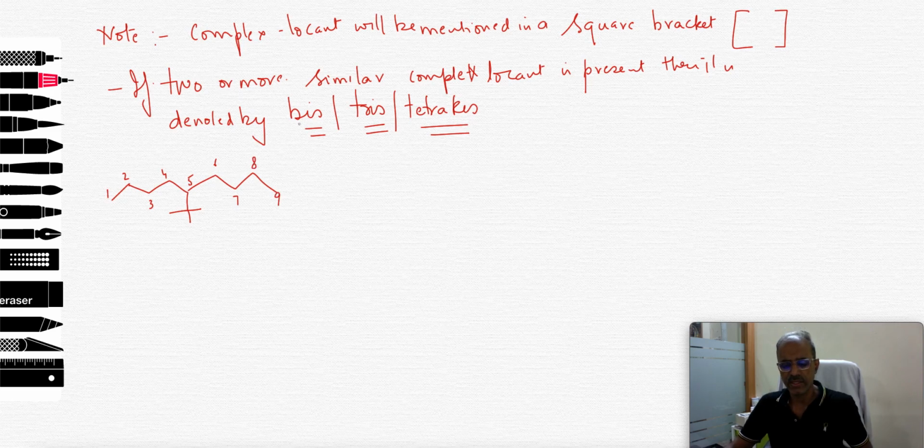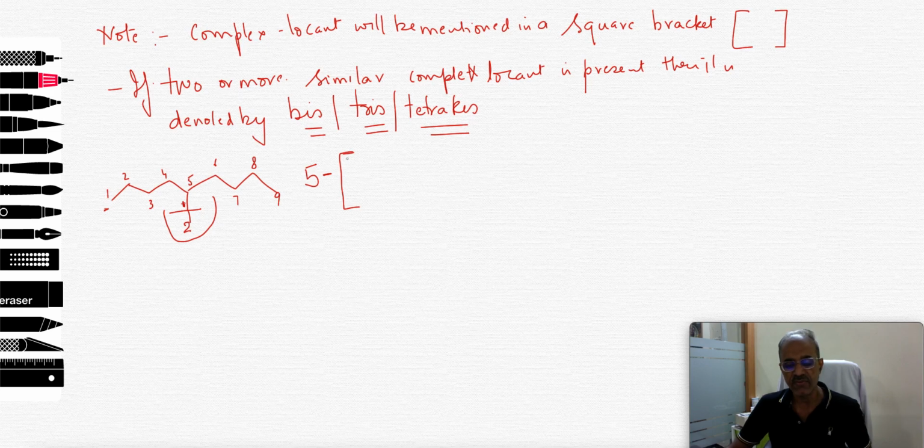Fine? Then it will be 5. This will be written in a square bracket. This will be 1 and this will be 2. Right? It is written in square bracket. Don't get confused that this is also 1, this is also 1. Here this one is for the complex locant which will be mentioned separately in a square bracket.